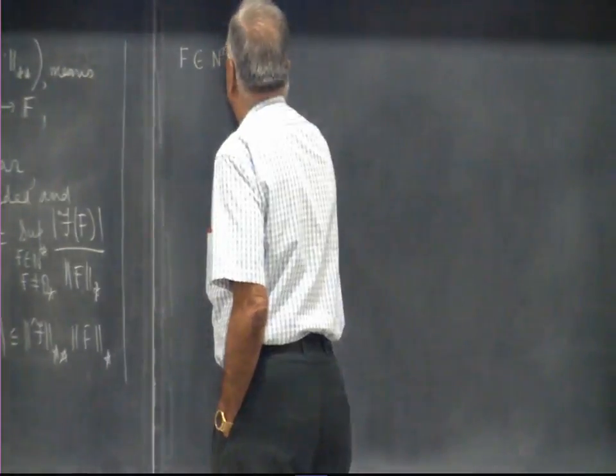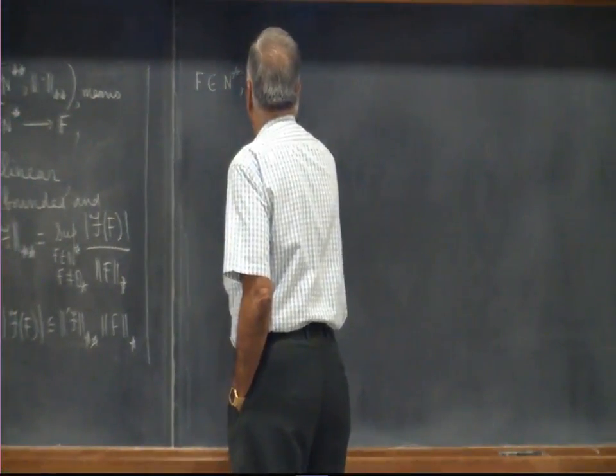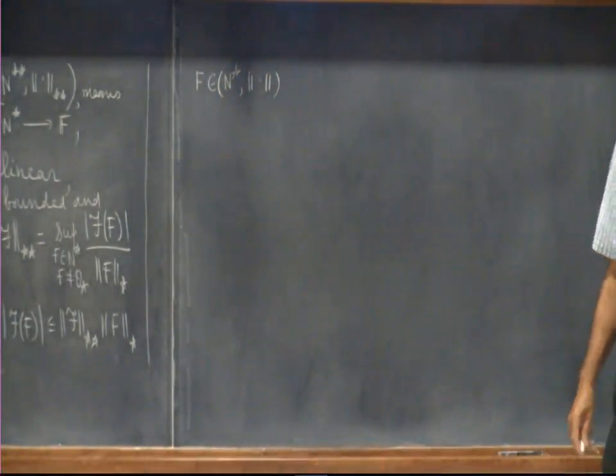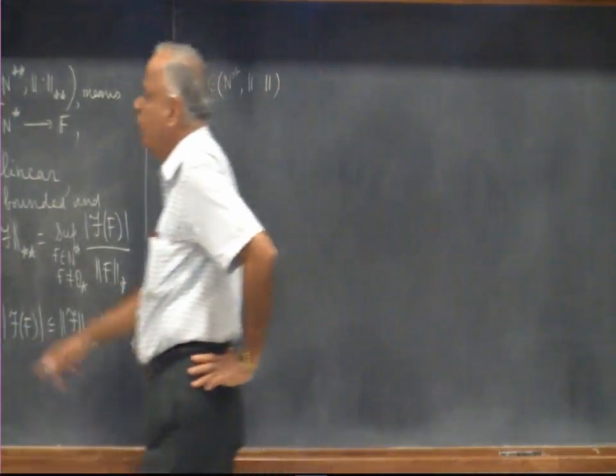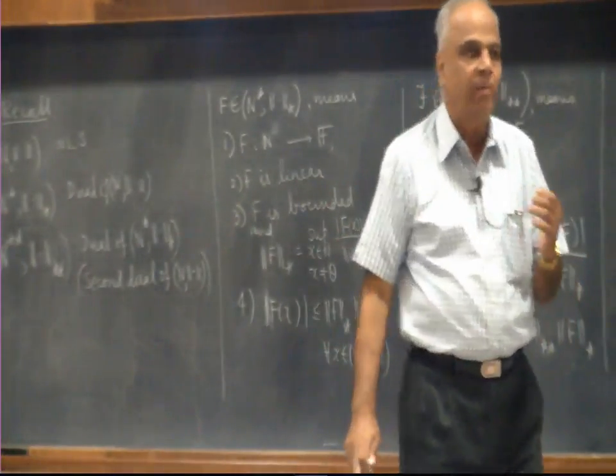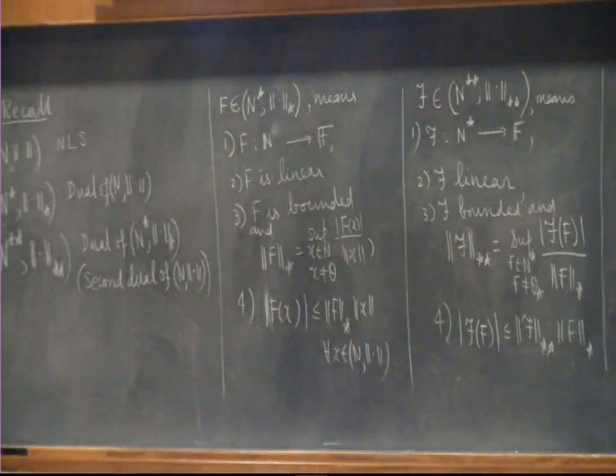Okay. Suppose I take an f in N star. The first thing that I know is it is going to associate with each element of N a number. That is what is meant by a functional.